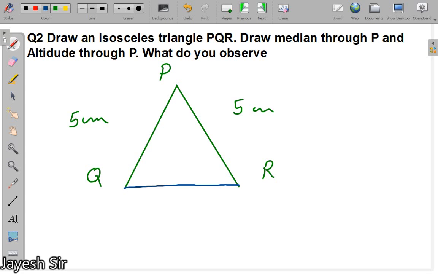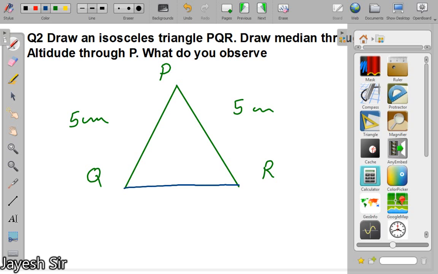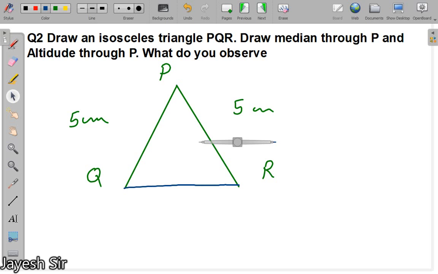Okay. Next is draw median through P. How do we draw median through P? In order to draw median through P, what we need is, first of all, a perpendicular bisector of QR. We need a perpendicular bisector of QR, and for that purpose you will need a compass.